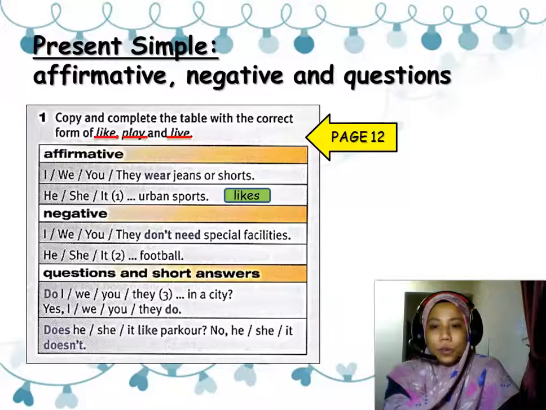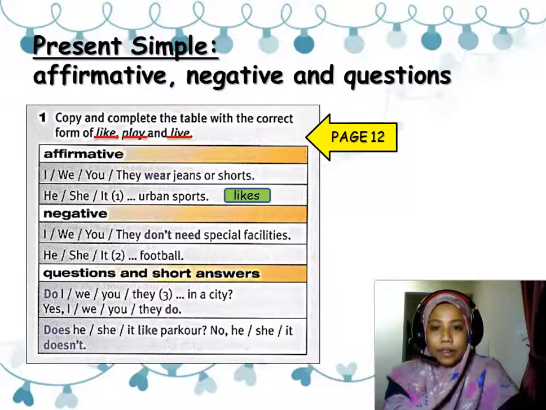Next, let's revise the negative statement. I, we, you, and they are plural. So, the verb should not be added with s. As stated in the sentence, they don't need special facilities.